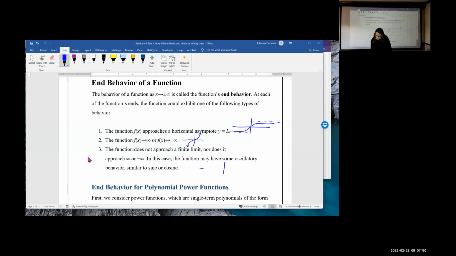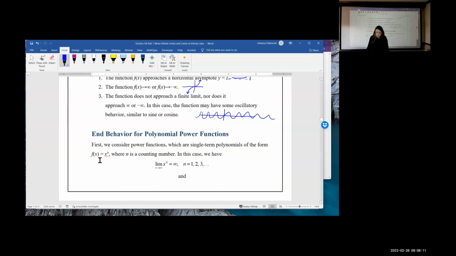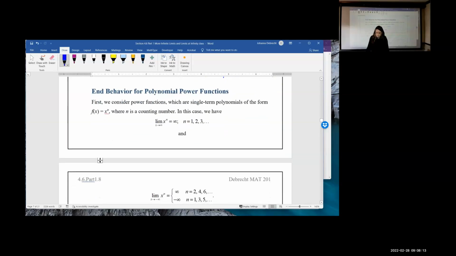And the last one would be like a sine or a cosine graph that has some oscillatory behavior, and it never settles down to approach just one finite real number. Sine and cosine go between -1 and 1, and so they never settle down and approach a single value. And so they oscillate, and we say they have no limit.